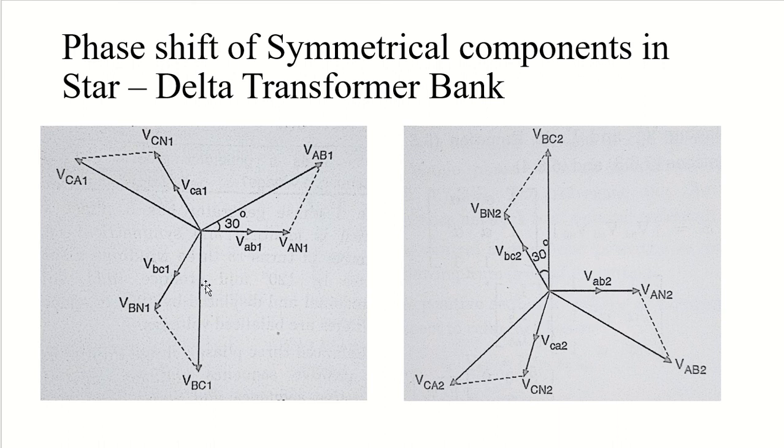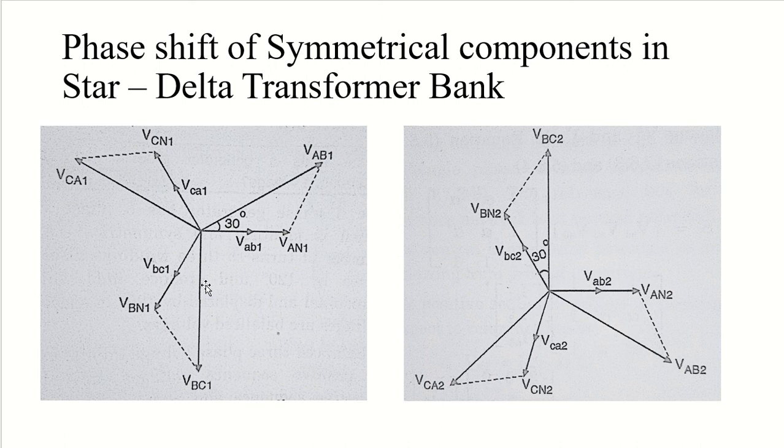Based on that we will get a relationship between the voltage at the star side and the voltage at the delta side, and the difference, as I have already told you, is 30 degrees. So the quantities of the star side will lead the delta side quantities by 30 degrees. Let's see how it is happening.